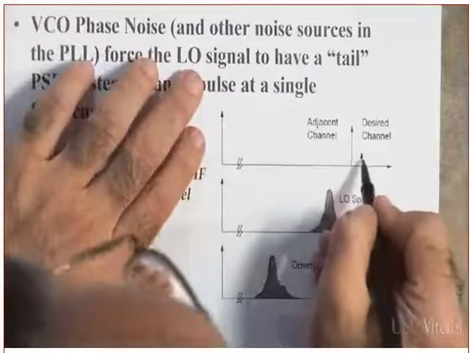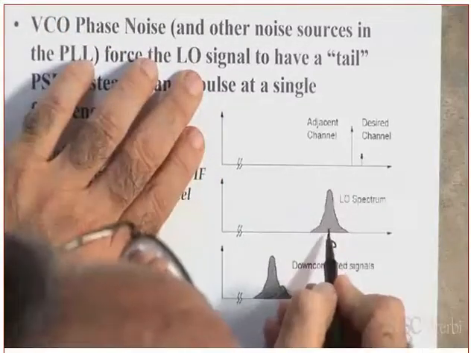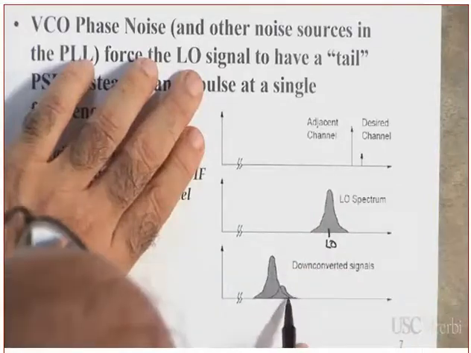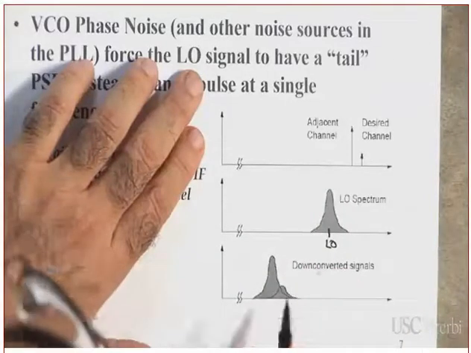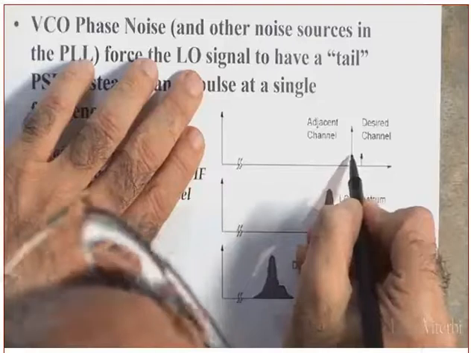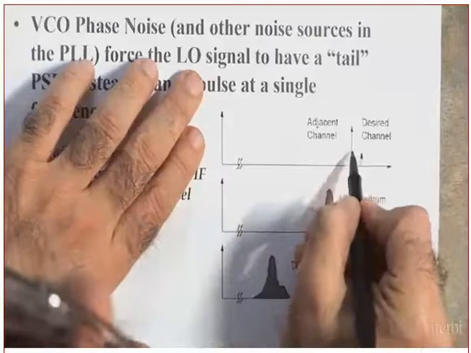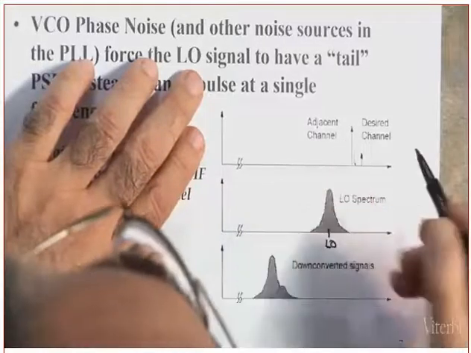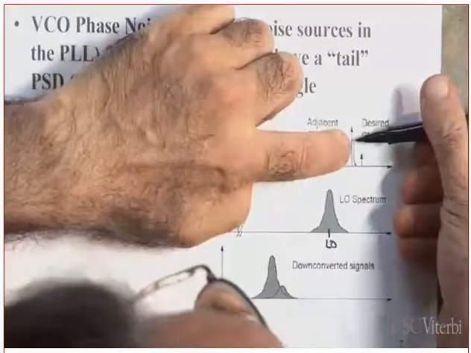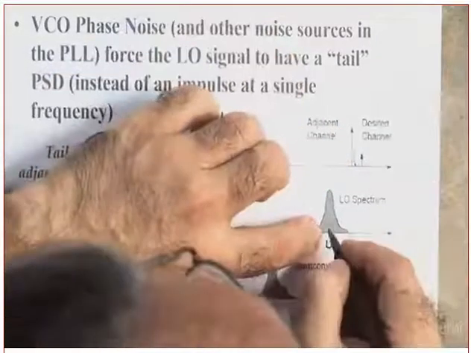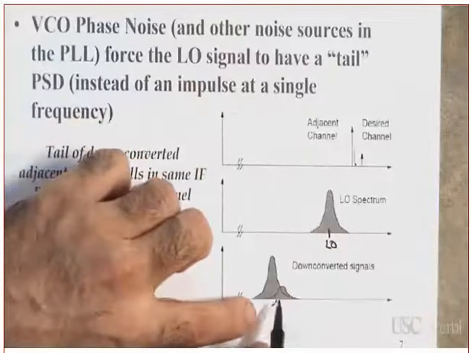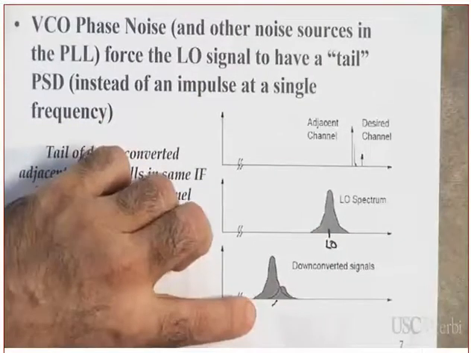This is going to mix with this guy, generating this small one. This is going to be at the same distance as this guy. When this one mixes with the local oscillator, will it result in the same IF or a displaced IF?